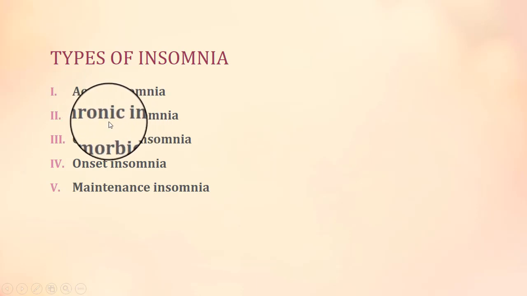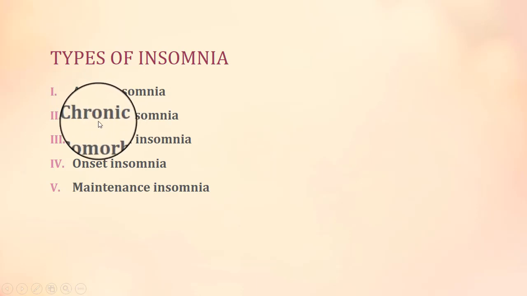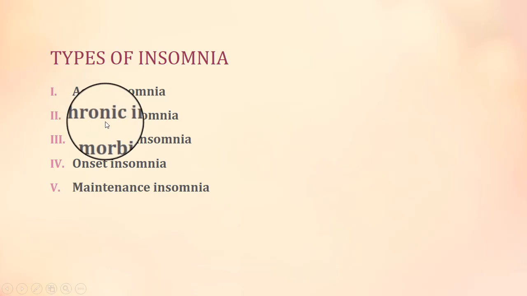Insomnia is usually considered chronic if a person has trouble falling asleep or staying asleep at least 3 nights per week for 3 months or longer. This was the definition of chronic insomnia. Some people with chronic insomnia have a long-standing history of difficulty in sleeping, and it has many causes behind this, and later on we will talk about them. So this is chronic insomnia.